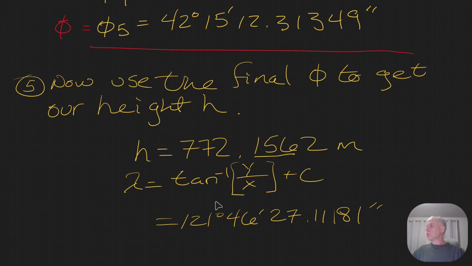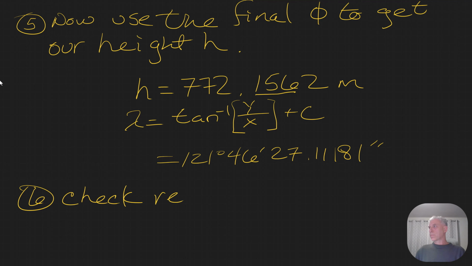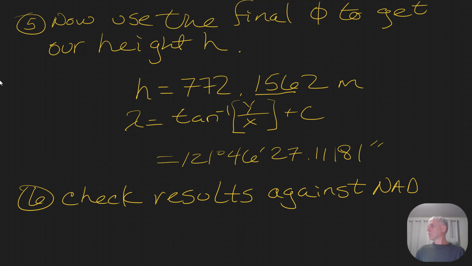And if you wanted to, you could add a step 6, which is nice to do because we do have a tool we can use. 6. We can check the results against NADCON in the NGS toolkit.